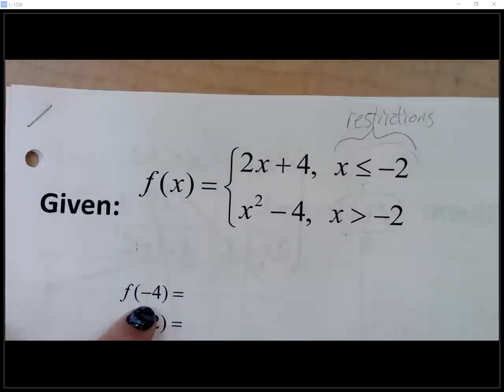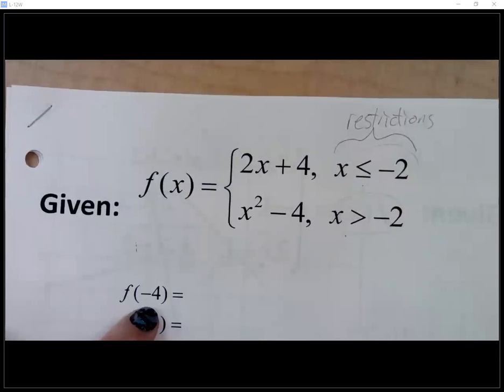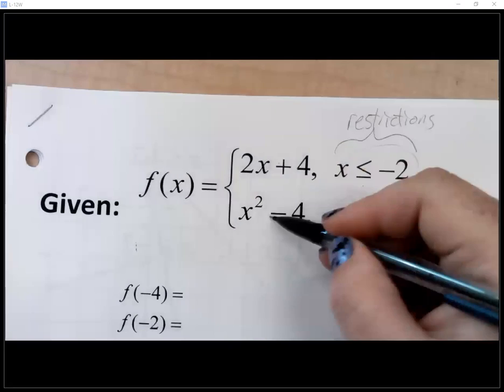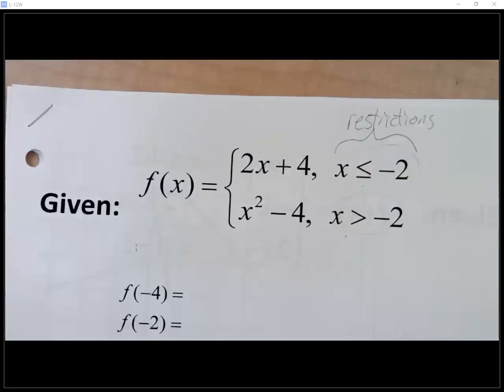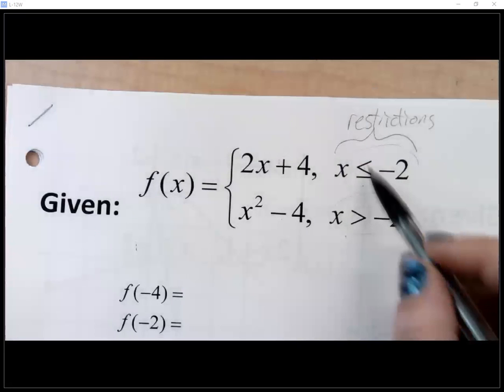I can't tell you how many times kids will do this problem and give me two answers. First of all, then you have no idea what the function even is, because when you plug in one x value, only one y value should come back out. You're not going to plug -4 into both of these. You look here, figure out which one -4 fits into, and it's the top one.